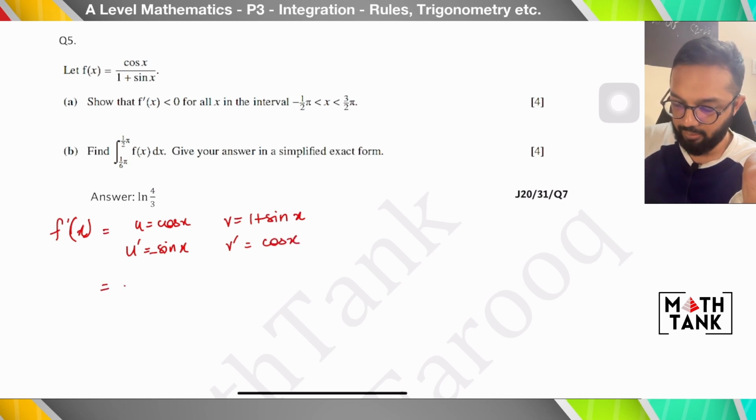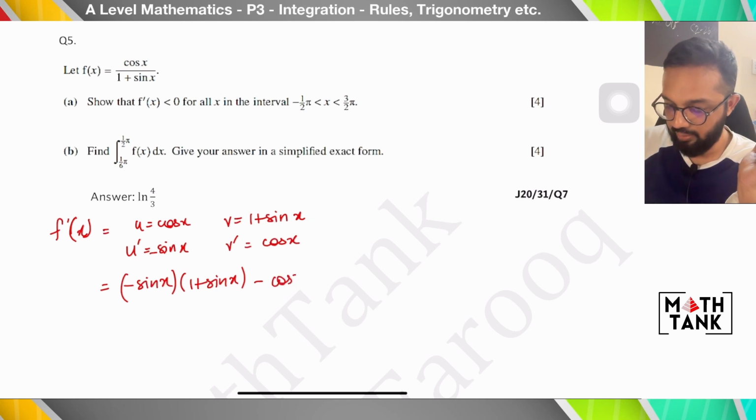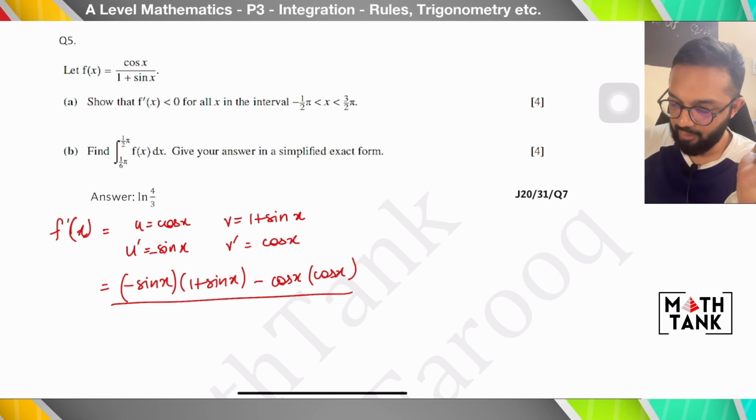So u dash v minus v dash u over v squared.